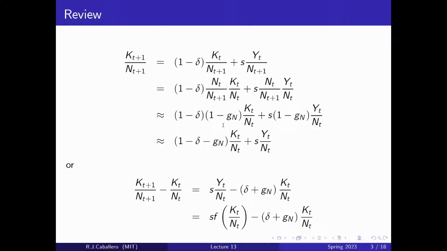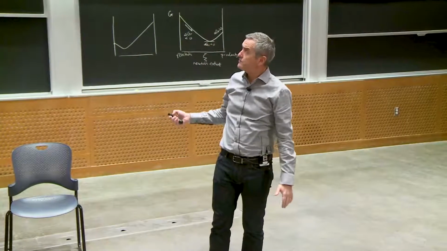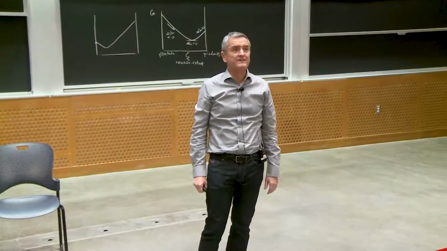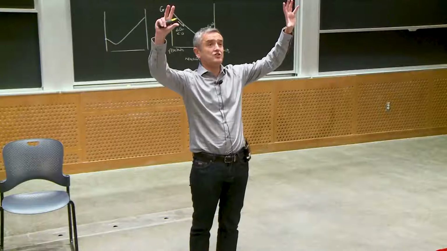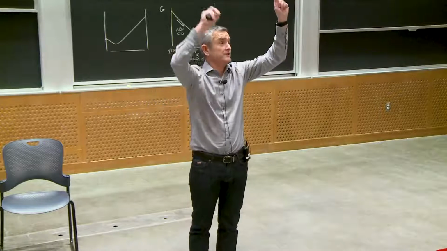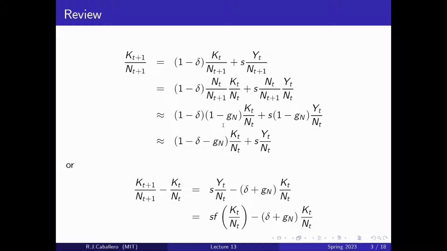I have the change in the stock of capital per person. So suppose I don't change the stock of capital at all from this period to the next, but population grows. What happens to this expression here? It decreases. It becomes negative because I haven't changed the capital stock, but the denominator is growing. That's the GN part. And that means this turns negative. And that's what this term is here for, is to capture the fact that the denominator now is also moving on the left-hand side variable.